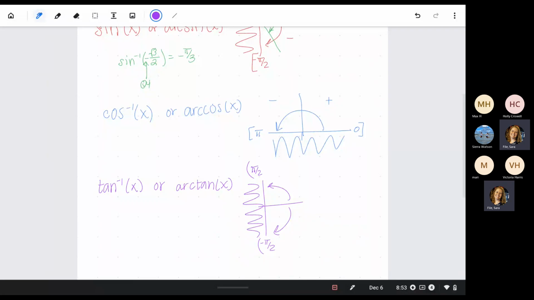So it doesn't exist there. It's undefined there. Tangent, if you think about the unit circle, is undefined at pi halves and negative pi halves. So you can't include those two values.